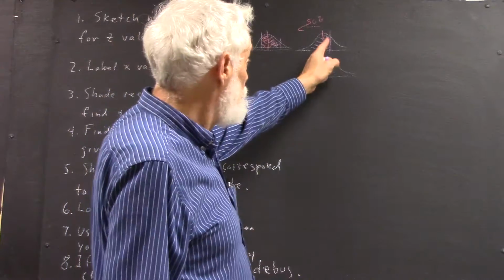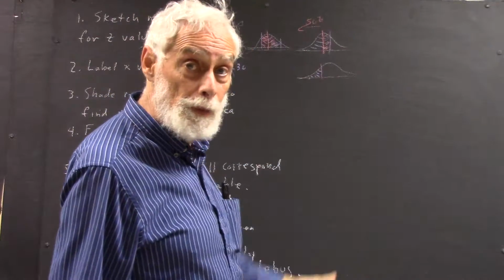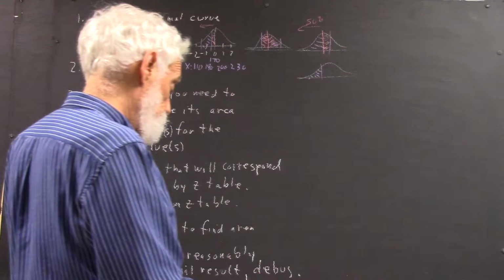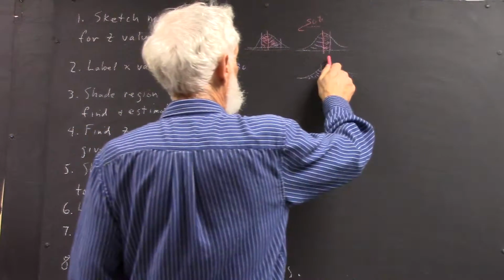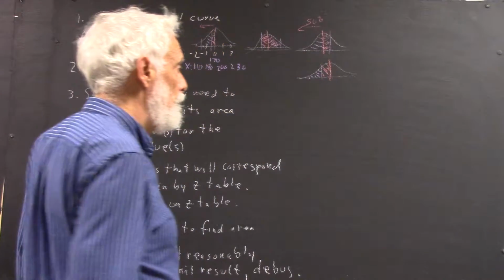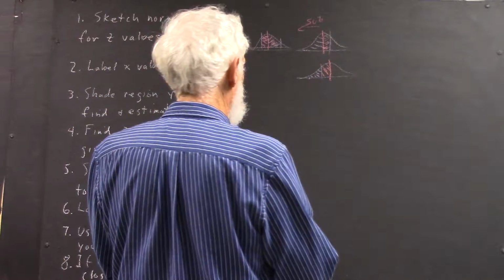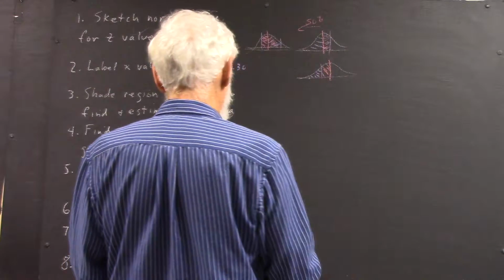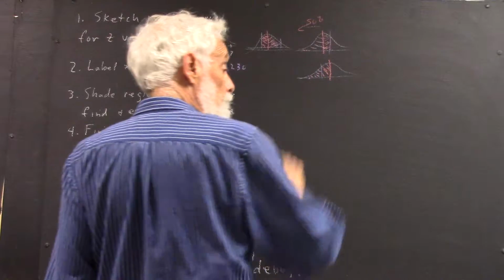Well, the z-table is going to give us this area, then we're going to have to know what to do with that, and it's obvious that that would be added to the 50% we have here. And what if we have this situation? Well, the z-table is going to give us this, and everything to the left of here is 50%, so we're going to have to subtract this area from 50%.